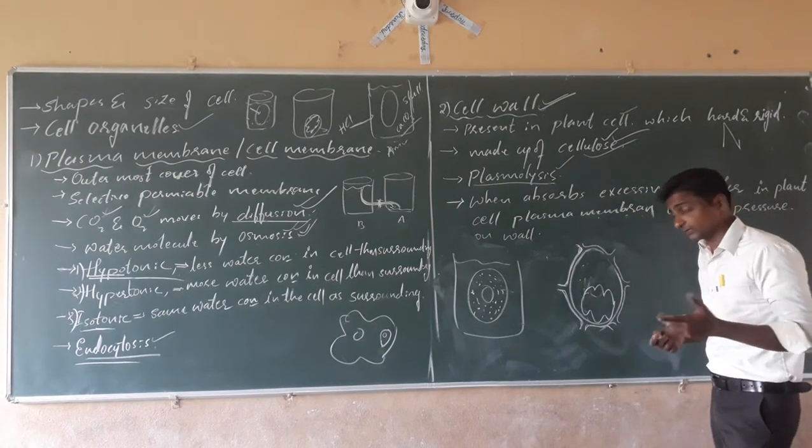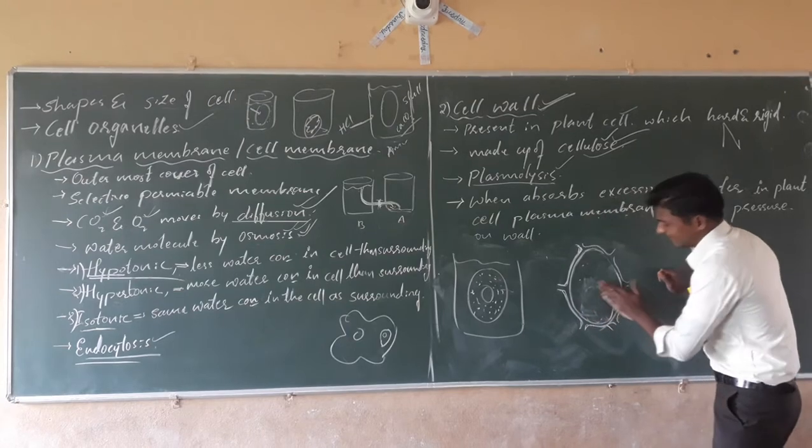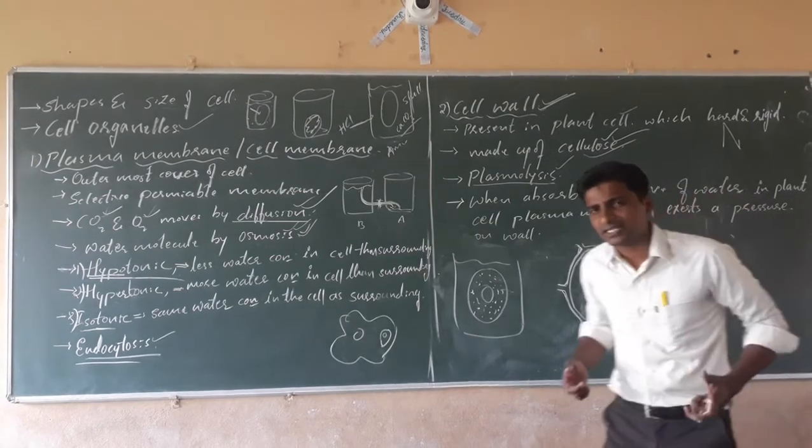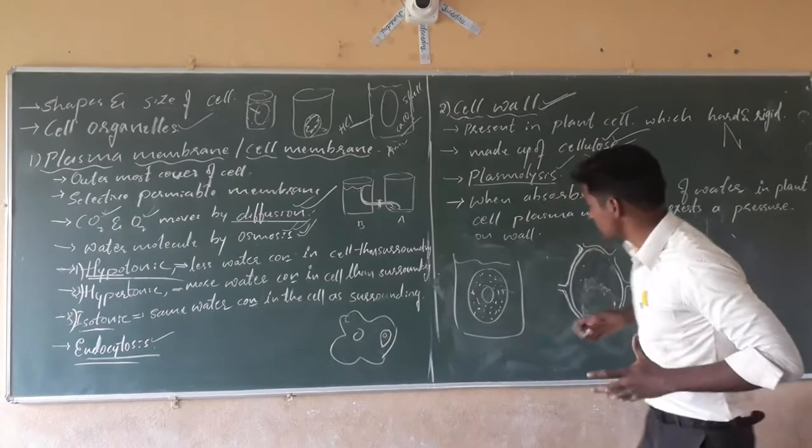See the opposite process. When a plant cell absorbs a large amount of water, see what happens.